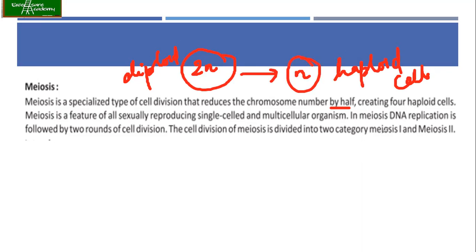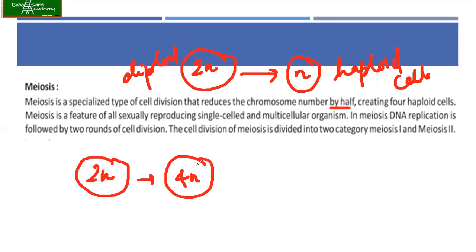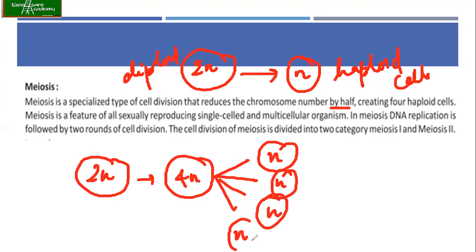So it reduces the chromosome number by half, creating 4 haploid cells. So overall, what we are going to learn in this lecture is that you have an organism that is diploid. This becomes 4n after the duplication, and finally what you get is the haploid. So this is what we're going to learn today in detail.